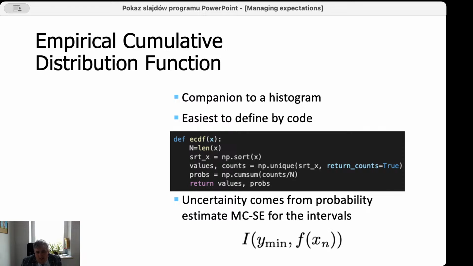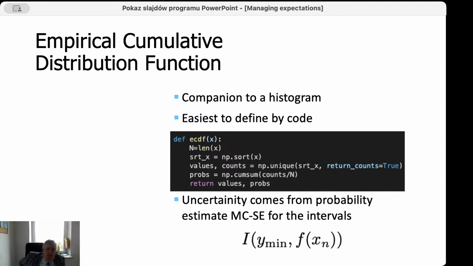And while the histogram is a very local function that allows you to represent certain local behavior, the ECDF is more global, showing the entire cumulative distribution function. And this is a very funny function that is much easier to define as code than as an actual formula.